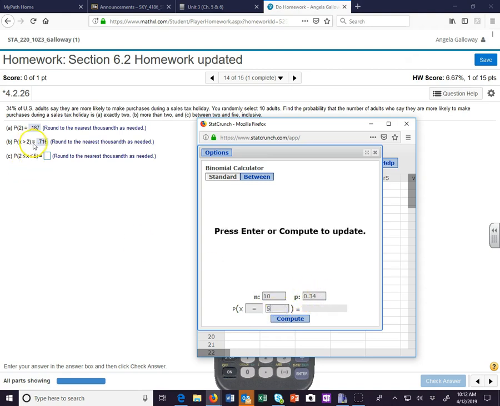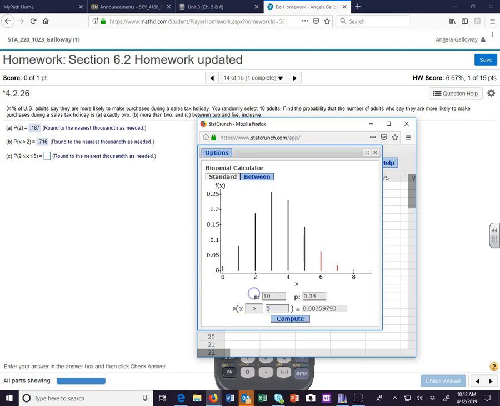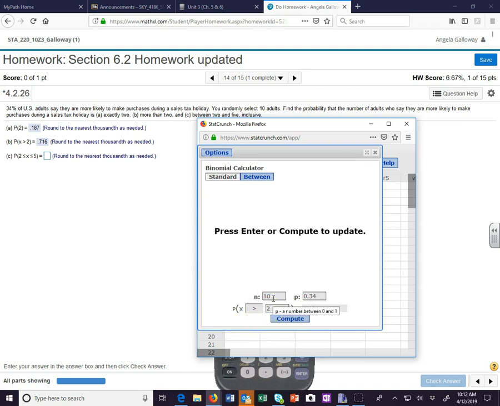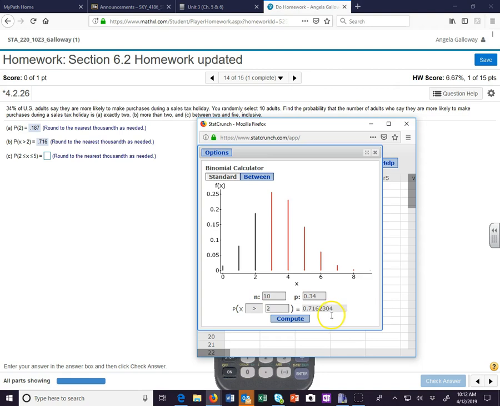On something like this where we want to do greater than, we can just select whichever one we want. It doesn't have to be like the calculator that only does equal to and less than or equal to. StatCrunch will do the greater than, it'll do any of them. That's a nice feature. And 0.716, you see, is the same answer there.